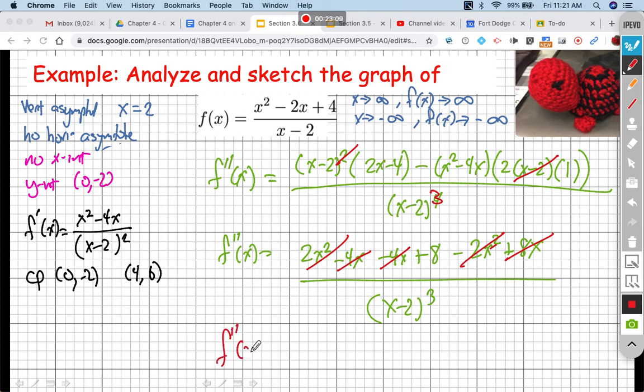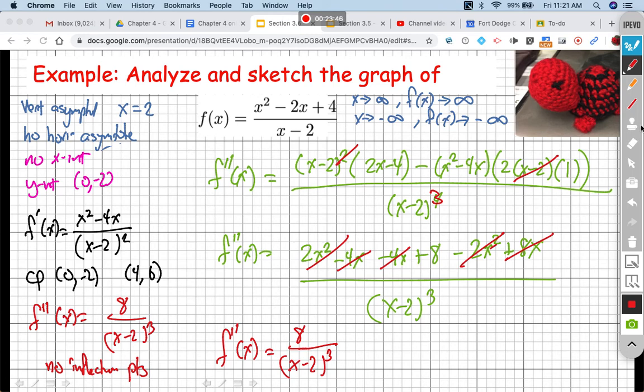So my second derivative of x is 8 over x minus 2 cubed. And this has no inflection points, because this can never equal 0. Where it doesn't exist, again, is not part of the domain, because x cannot equal 2.